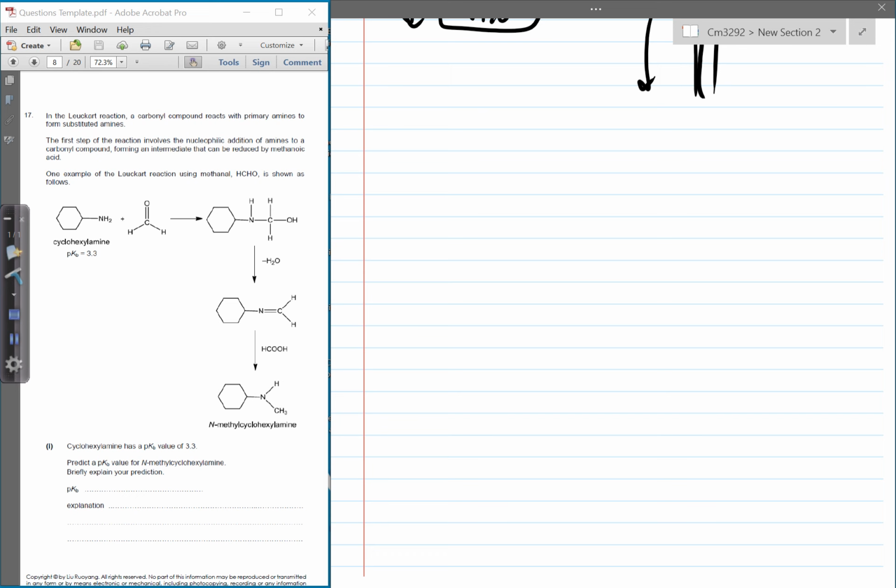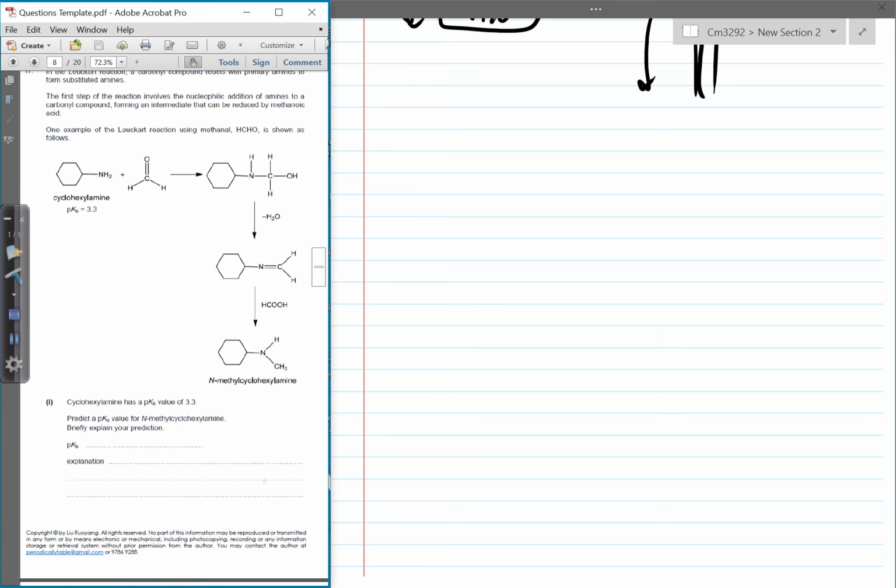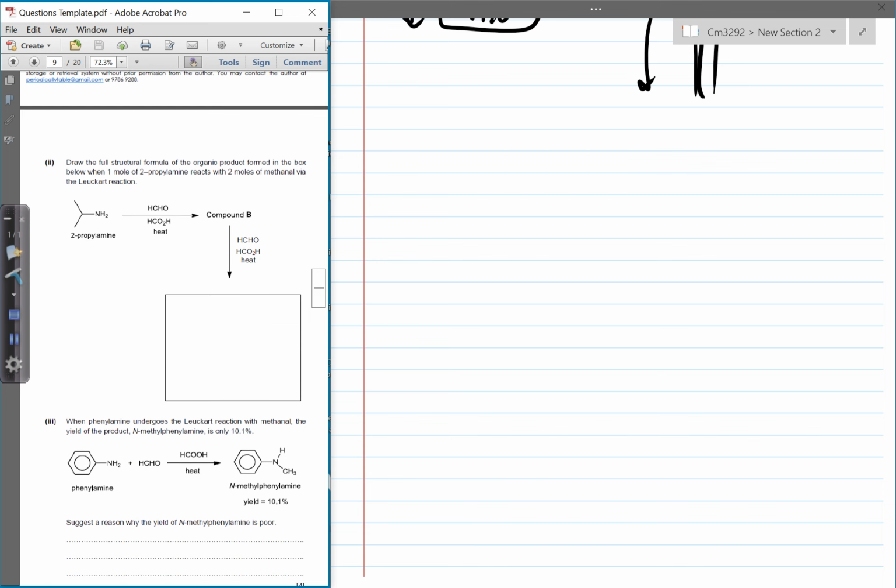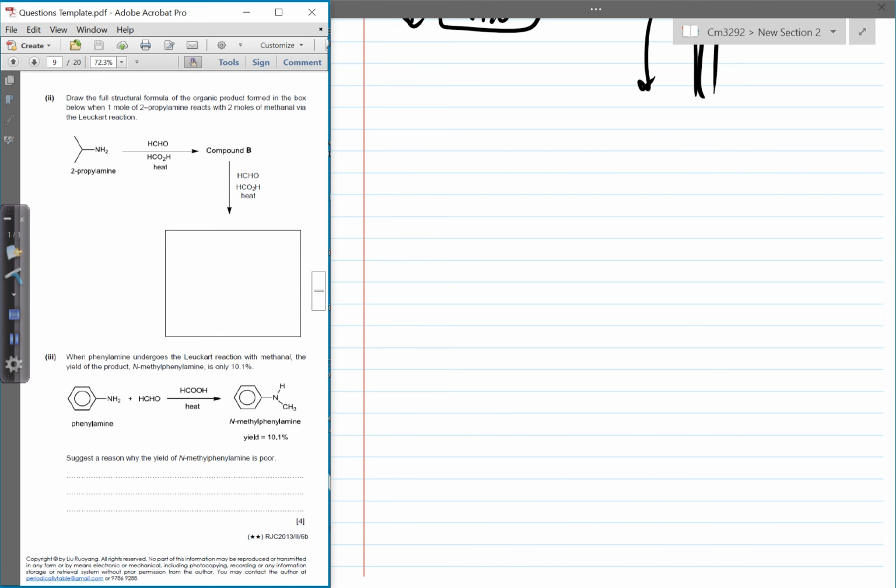So you just have to write a pKb that is smaller than 3.3, but not too low, of course. You can write 2 or you can write 2.5, up to you, as long as it's lower. Explanation already explained, right? There are 2 electron donating groups, so the lone pair is more available. This one should be fine.